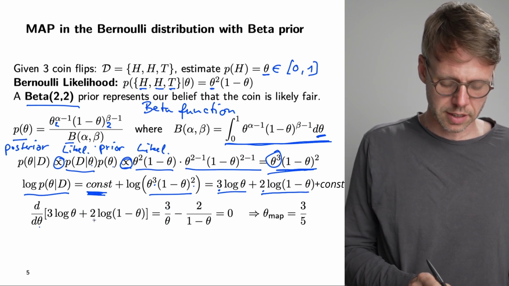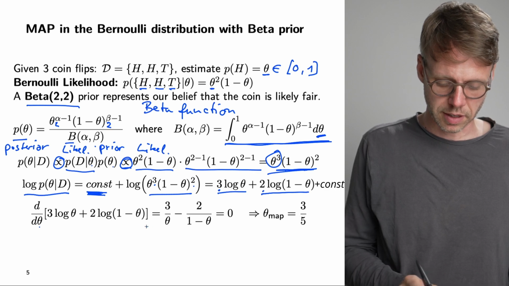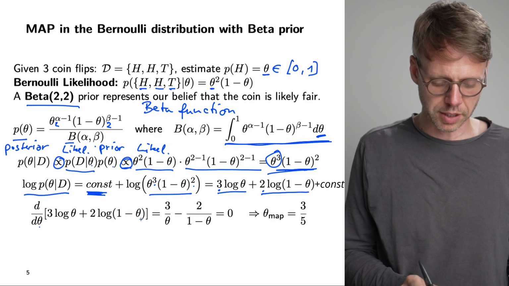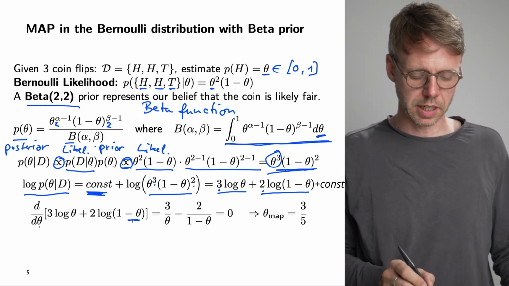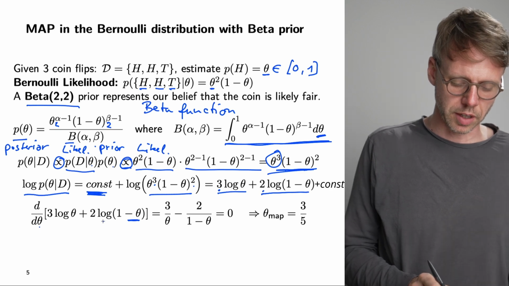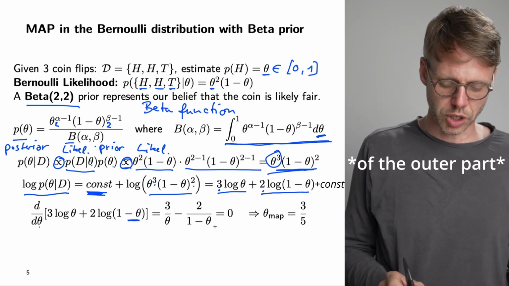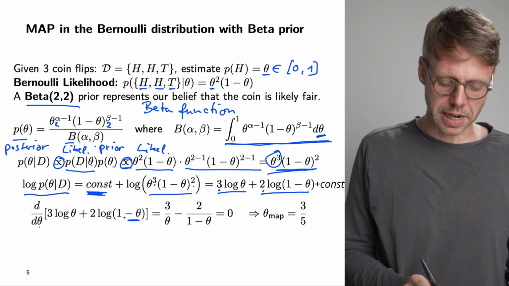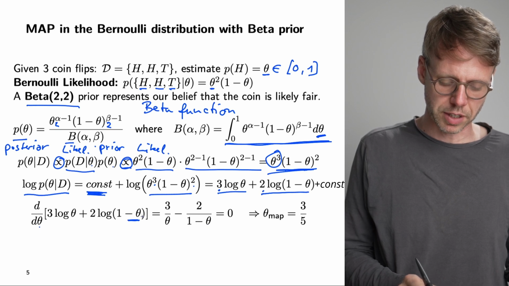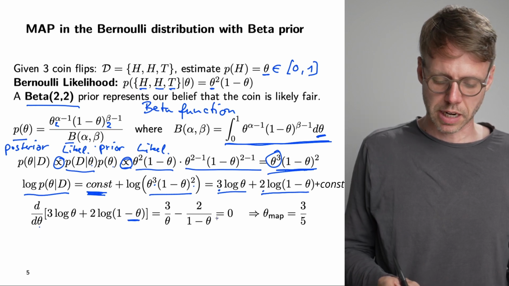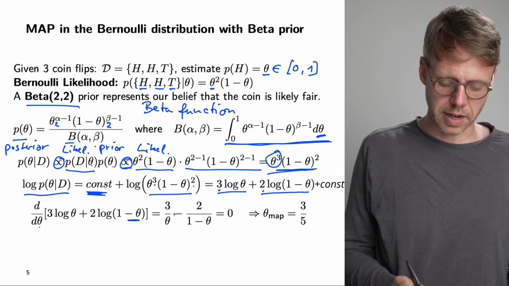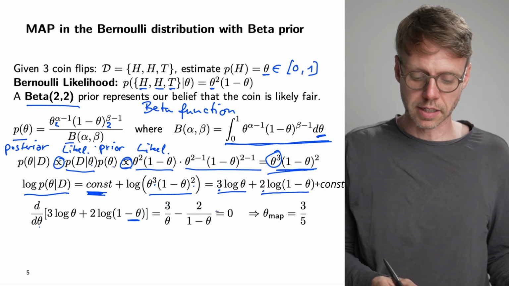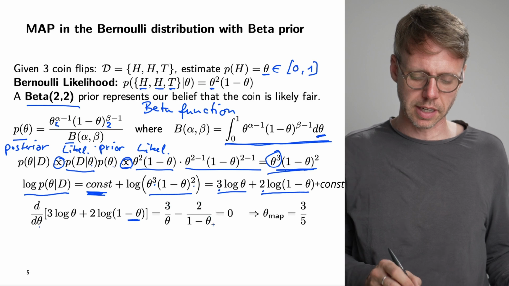Then the second term is, in a similar way, 2 times the derivative of that. And here we have to be careful because theta appears with the minus 1. So it's the derivative of the outer part, which is 1 divided by 1 minus theta, and then we have to multiply by the derivative of the inner part, which is minus 1. So we get a negative sign here. So we get in total 3 divided by theta minus 2 divided by 1 minus theta.